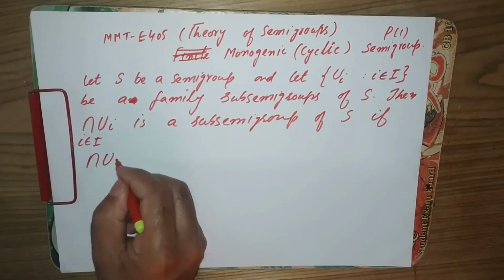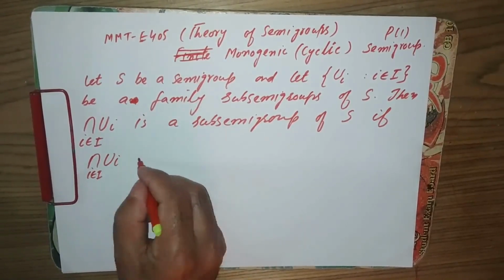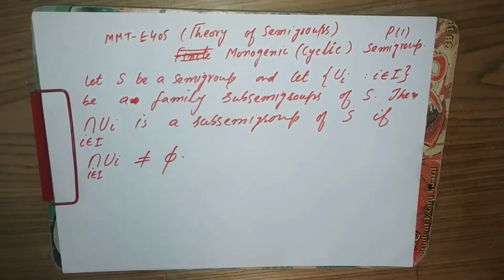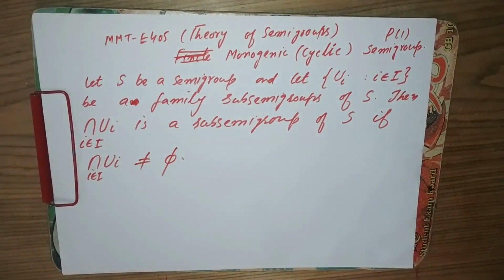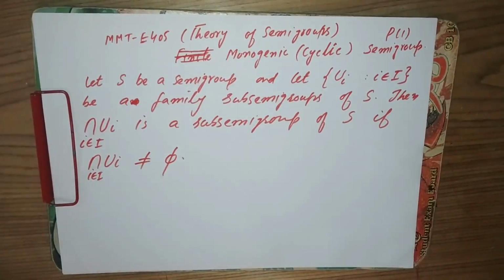If the intersection of U_i is not equal to the empty set, that is, it's non-empty, then it is a sub-semigroup. Otherwise it's not true in general.